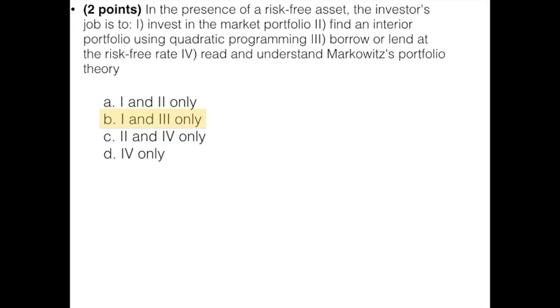So the answer is B. Why? Because 1 says invest into the market portfolio, and 3 says borrow or lend at the risk-free rate. So the optimal thing to do, how do you reach these optimal risk-return combinations on the security market line, is by mixing the market portfolio and a portfolio of bonds, which gives you a risk-free rate, or you can also borrow at the risk-free rate and invest more than you have into the value-weighted market portfolio.